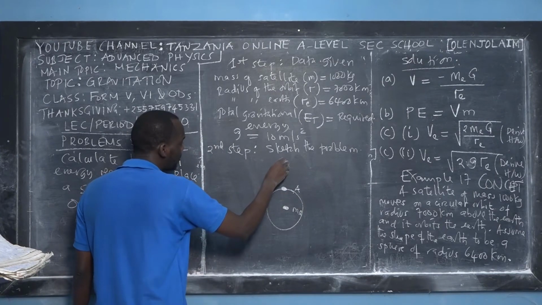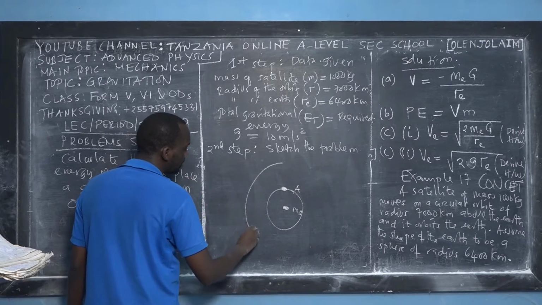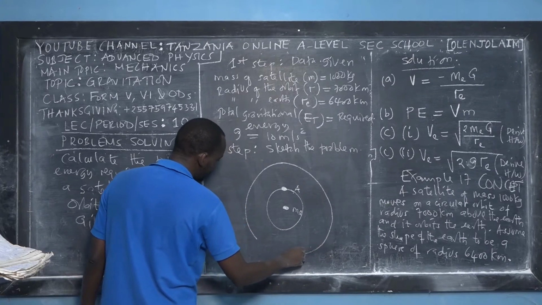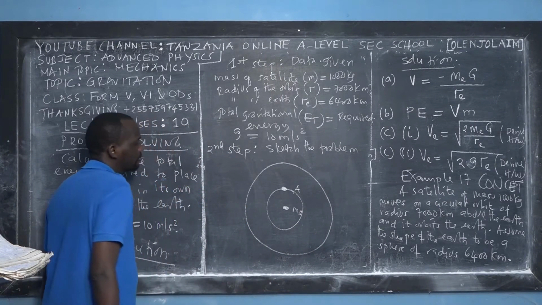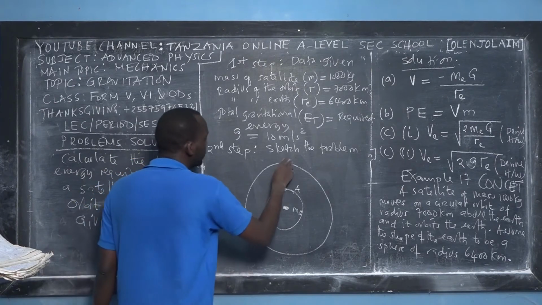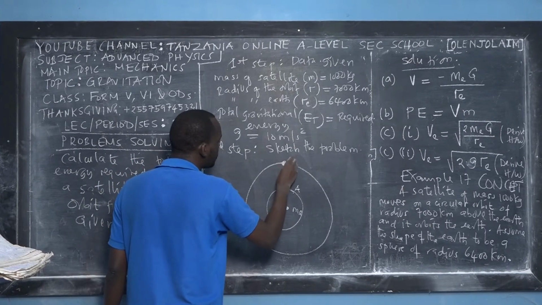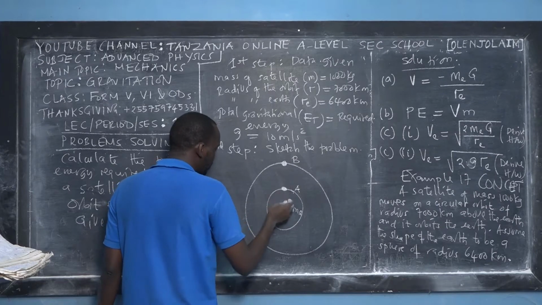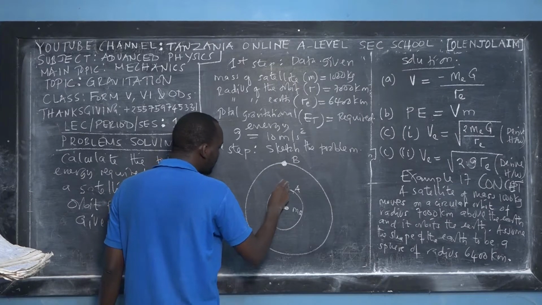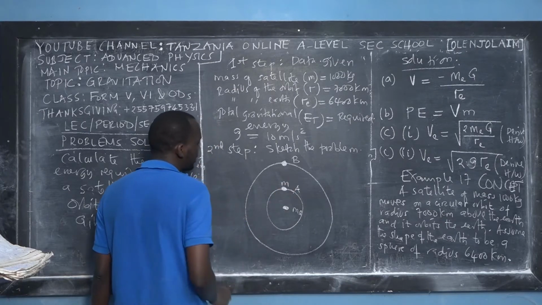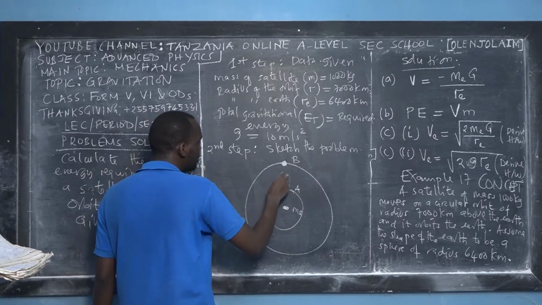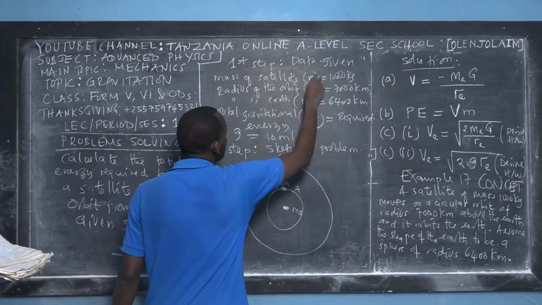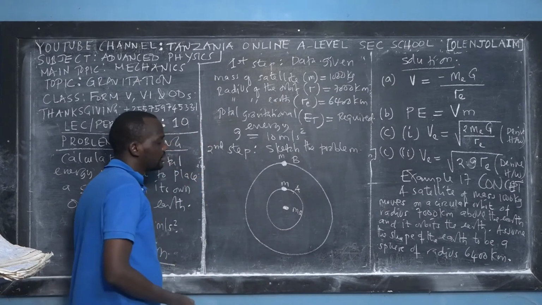Again, we have an orbit. Look carefully at this sketch. This is the orbit, and suppose this is point B. Remember, because we need the total energy, we have the mass of the satellite at point A and also the mass of the satellite here at point B. We might call it MS or even just lowercase m.